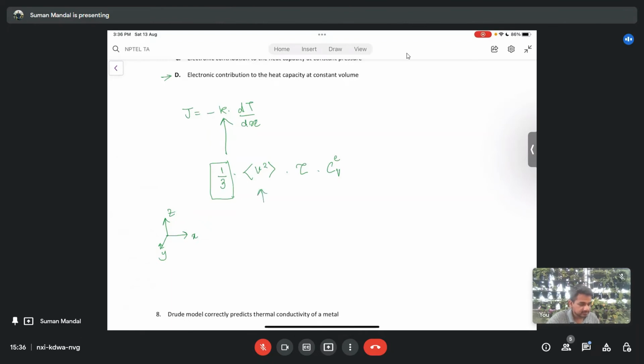This is the mean square velocity of electrons. This is the relaxation time. This is the specific heat at constant volume.